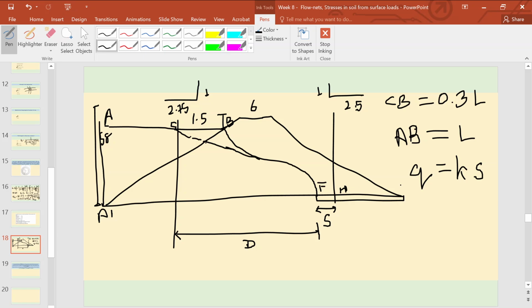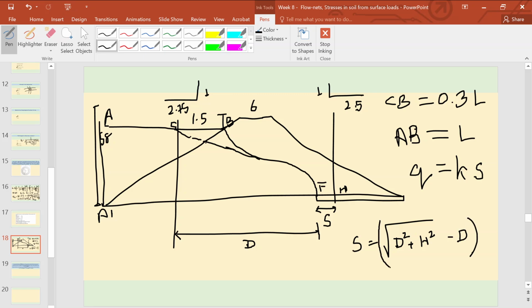Firstly, we have to find out the value of S. The value of S is given by root over of D square plus H square, minus D.